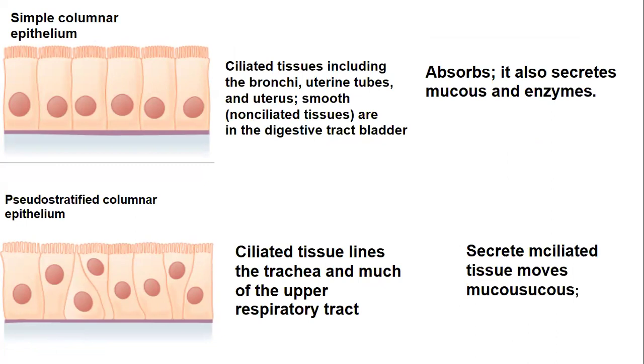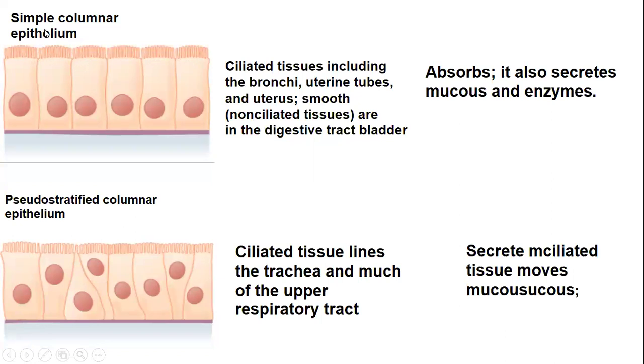Others are referred to as the simple columnar epithelium. These are found in ciliated areas, meaning areas where there are hair-like structures known as cilia, just like we can see on the same cell type.